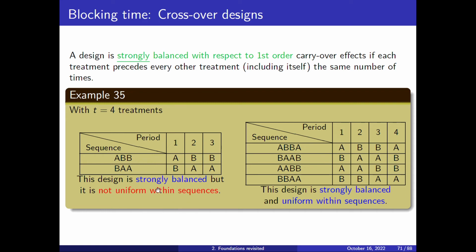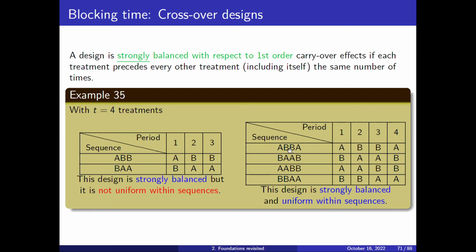So uniform within the sequences means the treatments appear the same number of times, and strongly balanced means that each treatment precedes every other treatment the same number of times. So here we have AB once, BB once, BA once, and AA once. And this design is strongly balanced and uniform within the sequences.